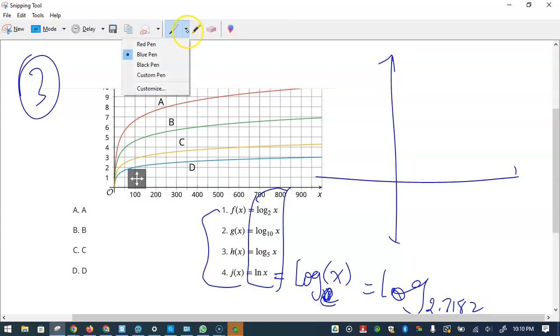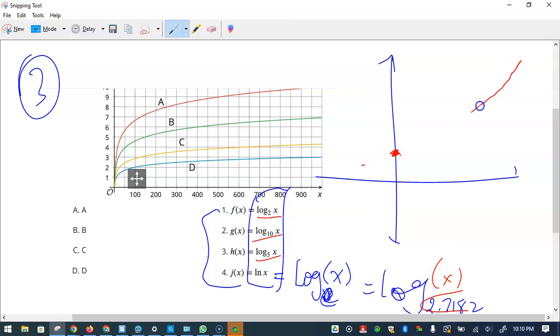When you graph an exponential function, let's see this one. First of all, e raised to 2x. There is a base 2, there is a 10, there is a 5, and there is e of x right here. The graph of 2 will be like a graph of 2 raised to x. Then the next bigger number is 2.71, and this graph is closer, like this.